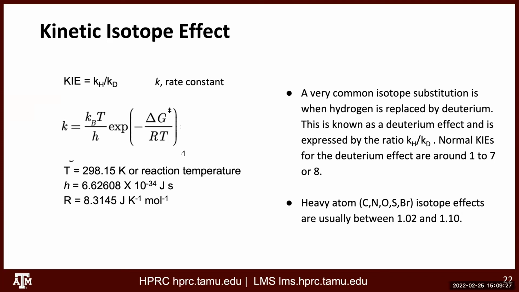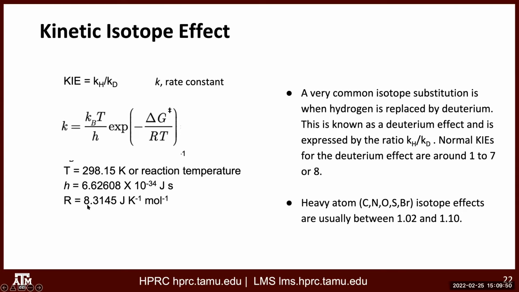If you use the isotope of a heavy atom, that means carbon, nitrogen, oxygen, sulfur, or bromine, then the isotope effect is much smaller, usually between 1.02 and 1.10.